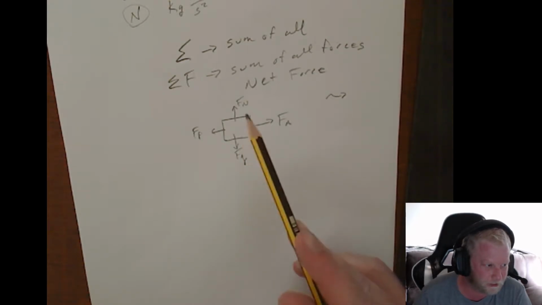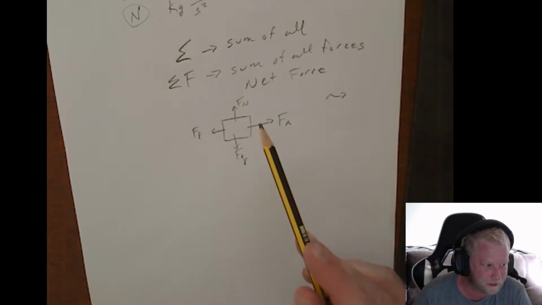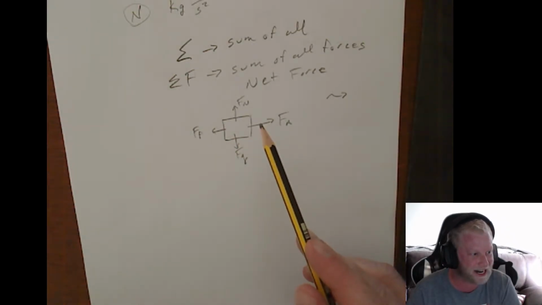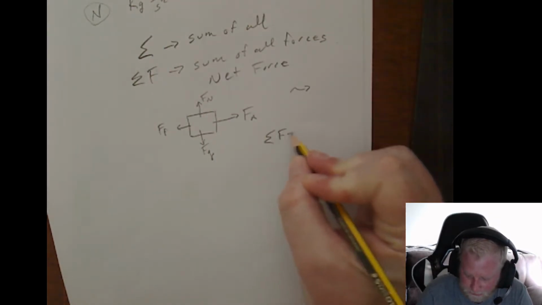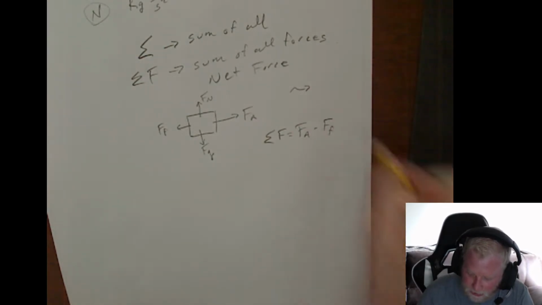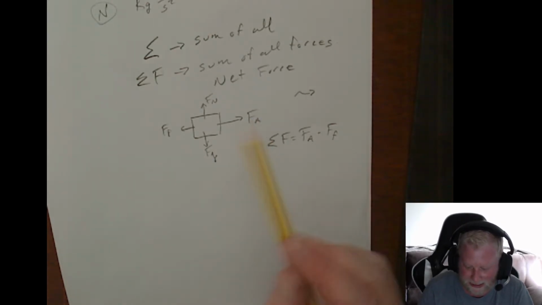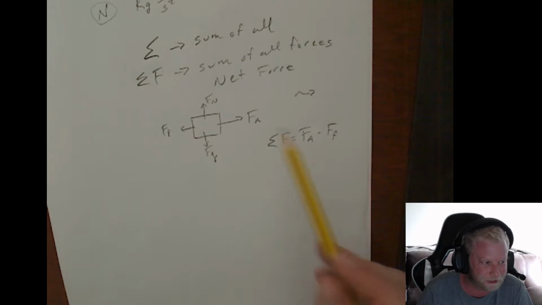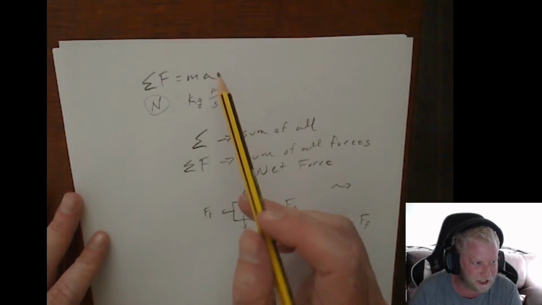So in the vertical, this object is in equilibrium, but in the horizontal you have an imbalance of forces, so you have a net force. Your net force would be your applied force minus your frictional force. Whatever value that has minus your frictional force gives you your overall net force, and that and the mass would determine the acceleration of the object.